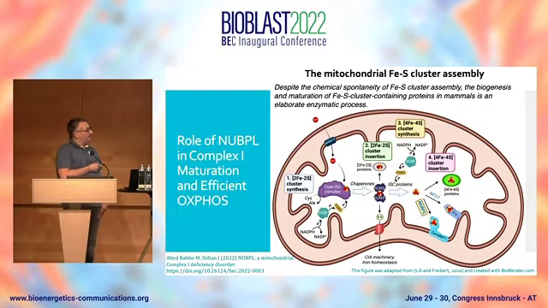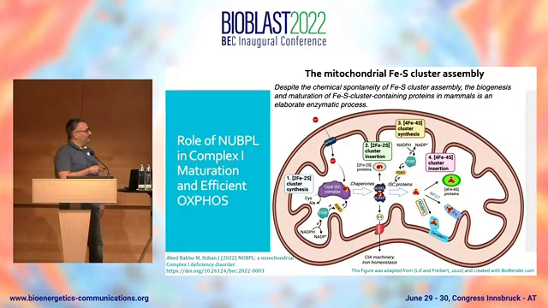Or another iron can come in and other electrons coming in using the same system to make the 4 iron 4 sulfur clusters that can be imported into proteins, for example, by NUBPL for complex 1 or NFU1 for complex 2, etc.